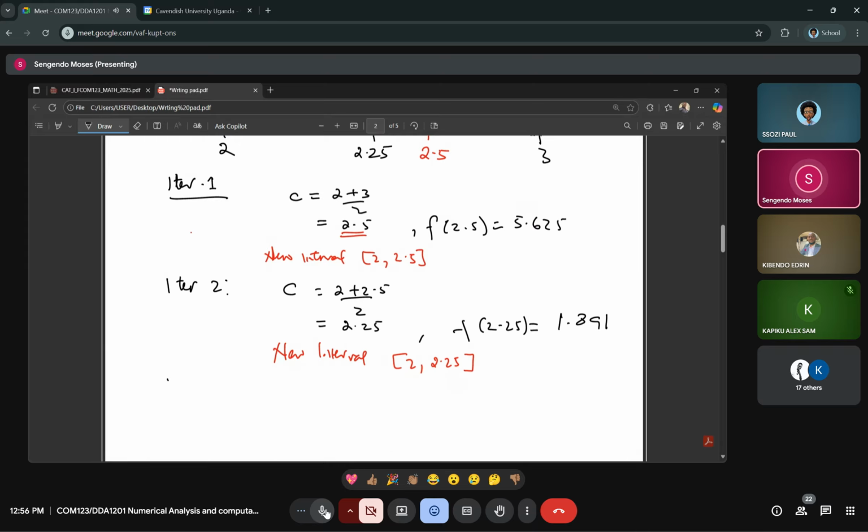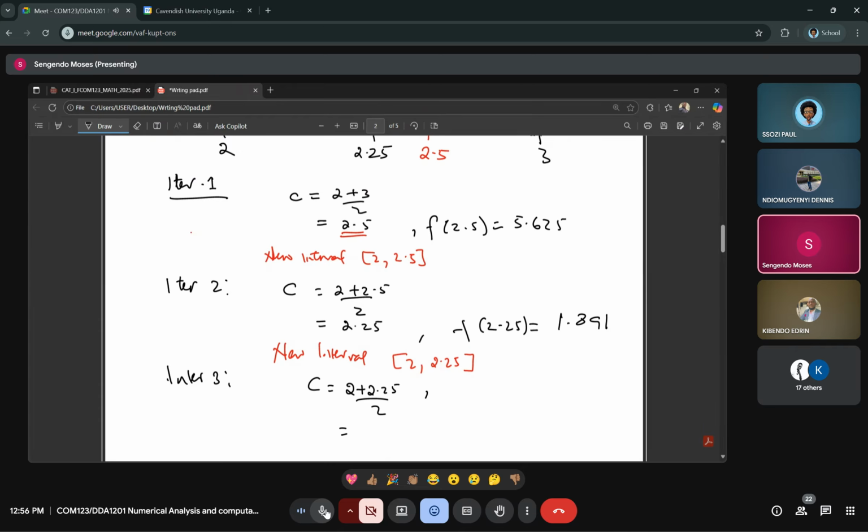Once we get the interval, it takes us to iteration 3. In iteration 3, we still need to find a C, which is (2 + 2.25) / 2. That gives us 2.125.